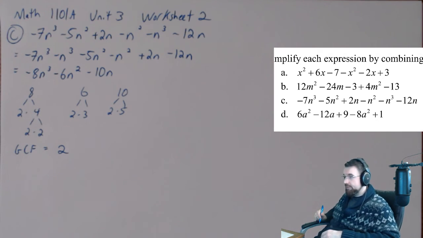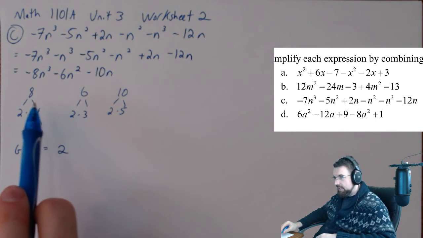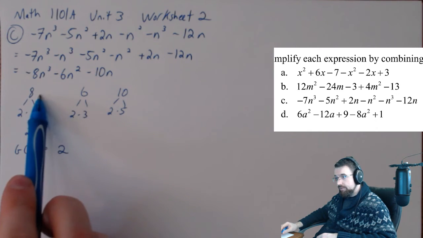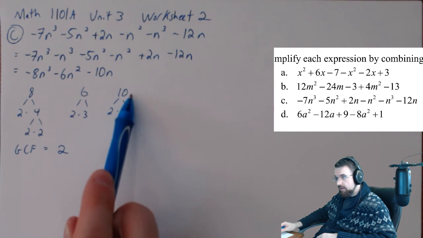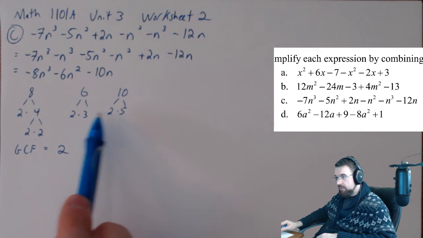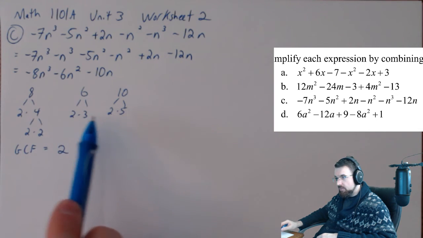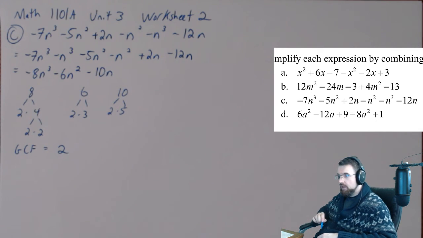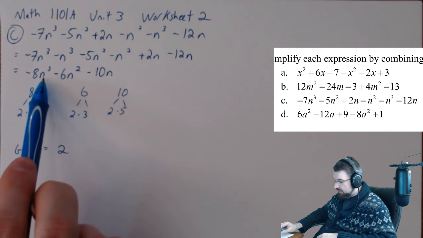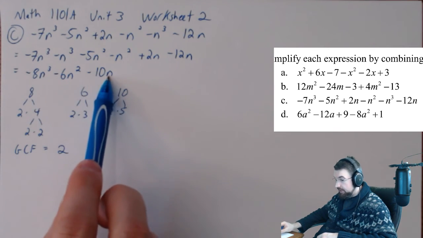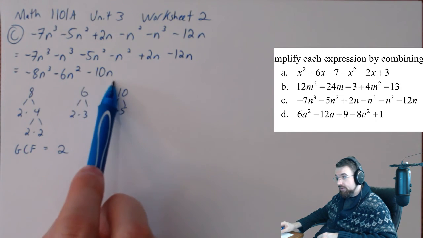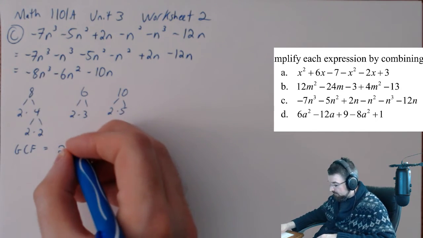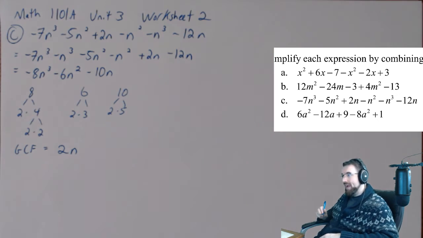We know the GCF is 2, right? Because 8 is 2 times 2 times 2, or 2 to the power of 3. 6 is 2 times 3. 10 is 2 times 5. So the only thing that's in common between each of them is 2. So we know our GCF is 2. We also know that there's an n in each. There's n cubed here, n squared here, and an n here. So since there's at least one n in each of them, I'll say the GCF is 2n.